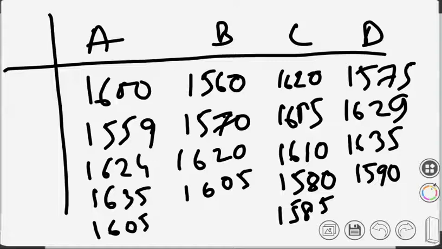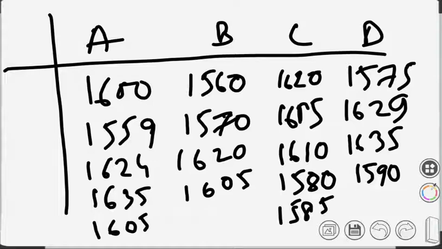Their values are different. Now the question is whether this variation in life is actually a variation in real life, or does the data support that there is any kind of variance in different brands. That is the question that we are trying to ask.